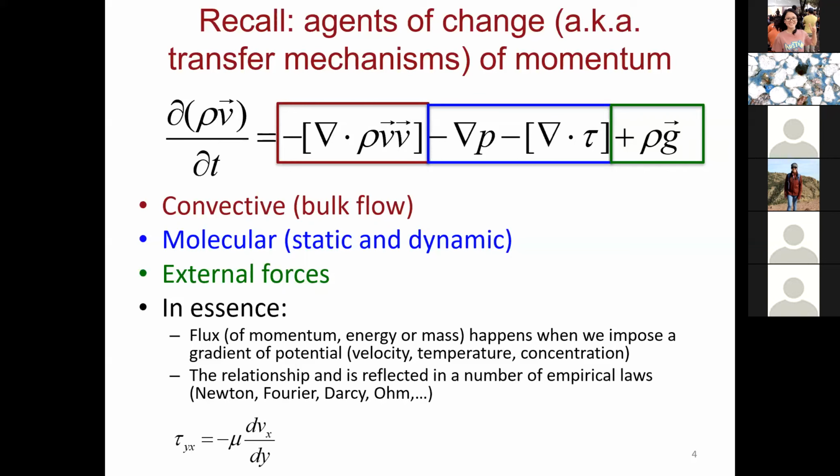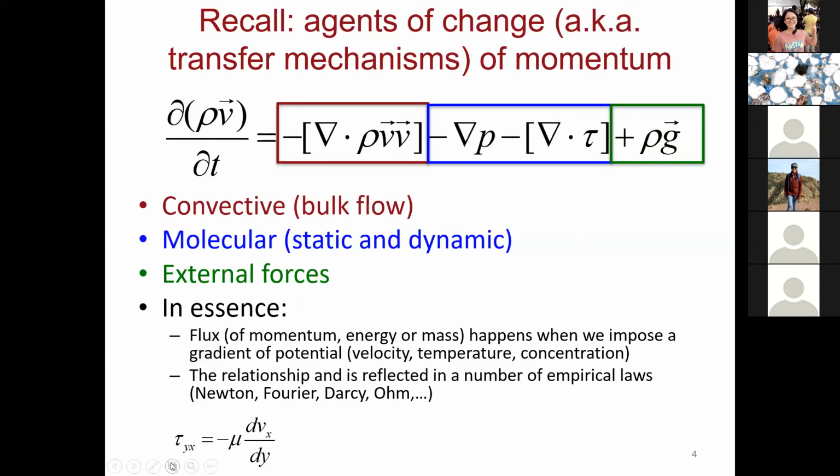Okay? Now, we had a very simple relationship that defines shear stresses for momentum, which was essentially linear for Newtonian fluids. This is the gradient I'm talking about, and here I'm just looking at one of the velocities, but for the velocity field, you need a tensor to express all of the gradients.